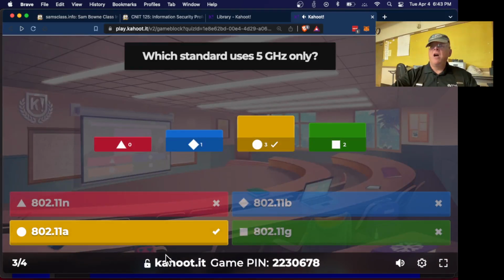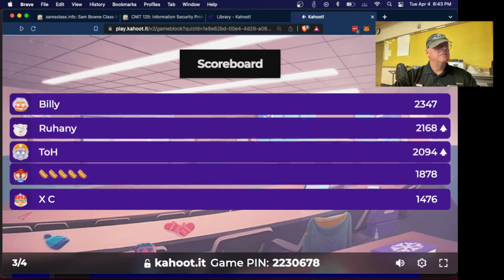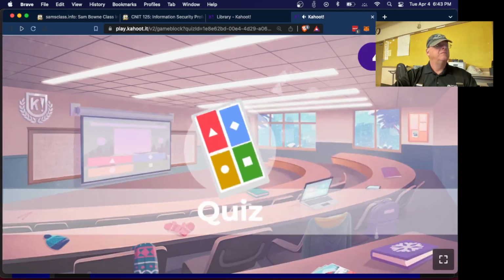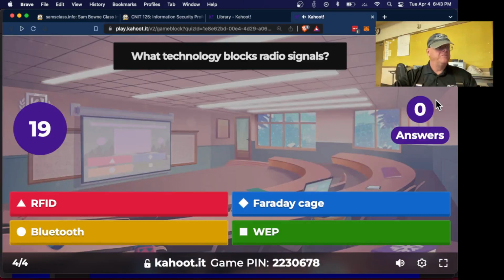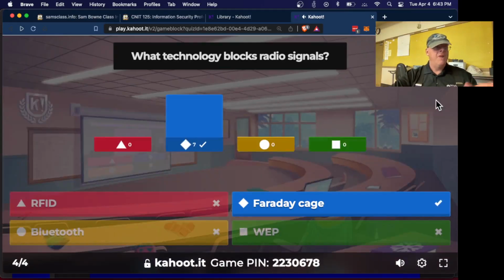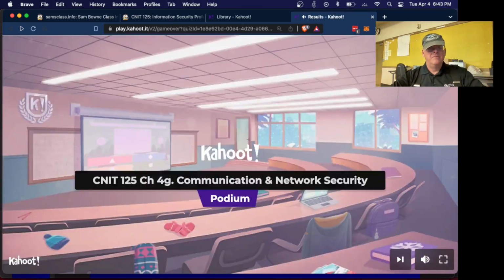It wasn't very popular, it didn't go far enough. 802.11b was the one that really became popular first. All right, and what technology will block a radio signal? Yep, Faraday cage. Good. All right.